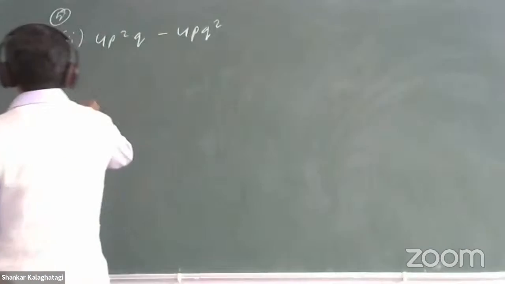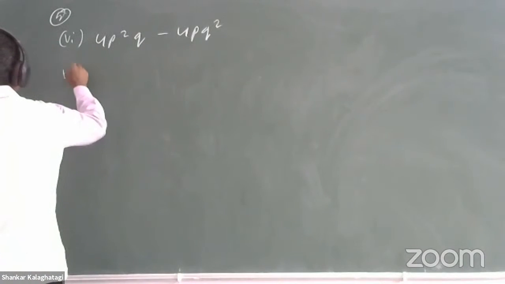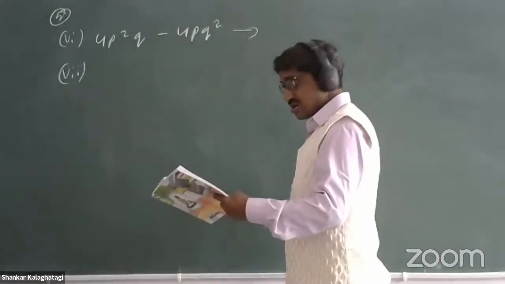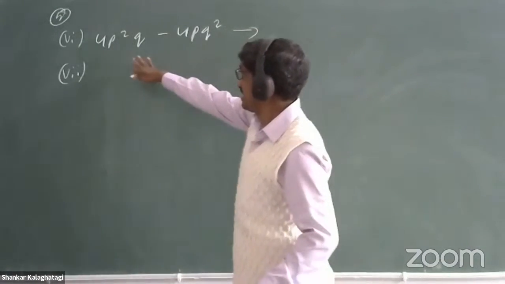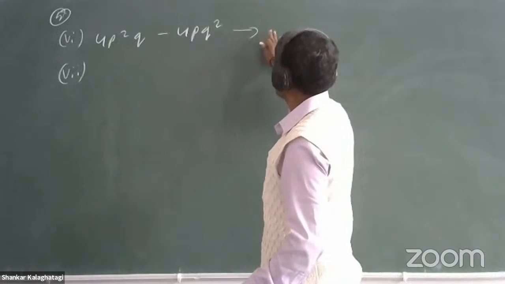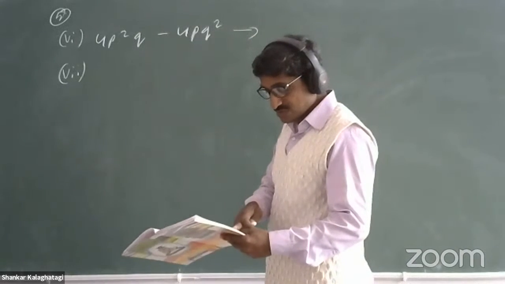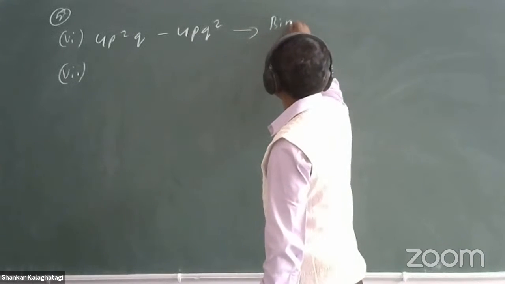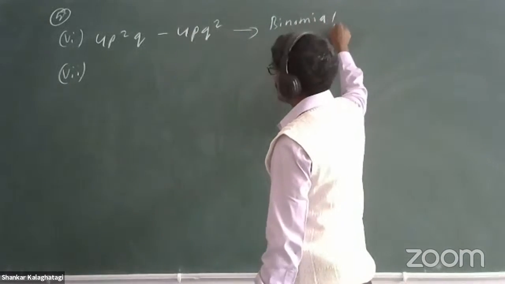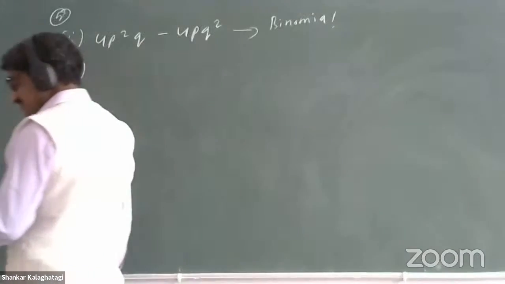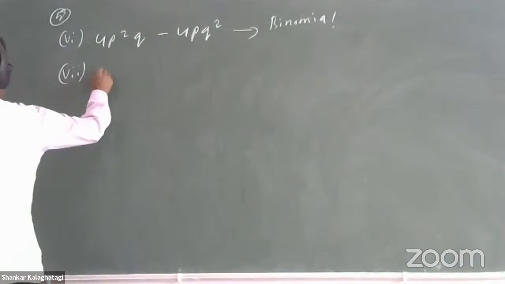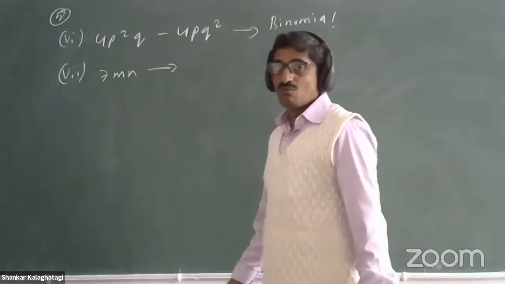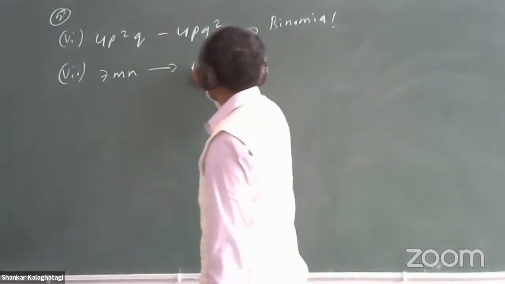Next, 6th, 7th. We have 2 terms here. So only 2 terms are there, no? Okay, 2 terms, so binomial. Next, 7mn. 7mn is only 1 term, monomial.